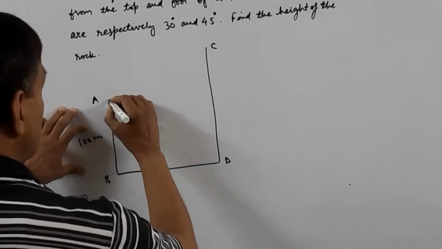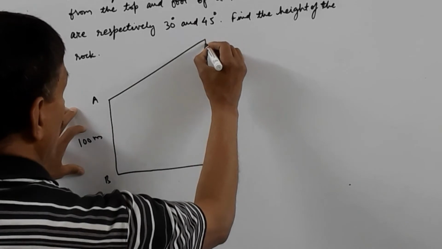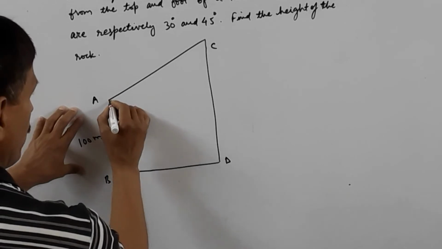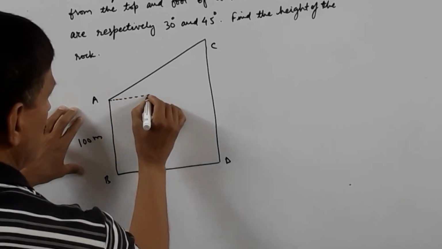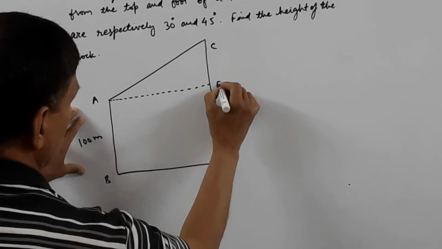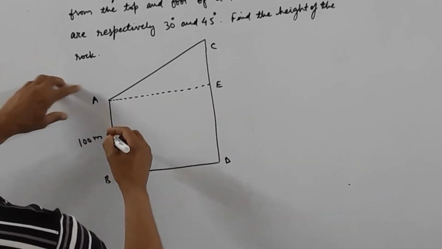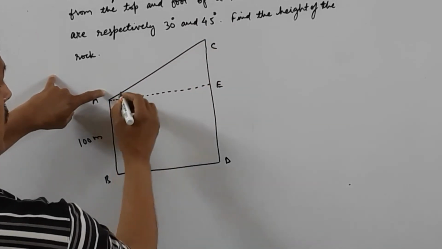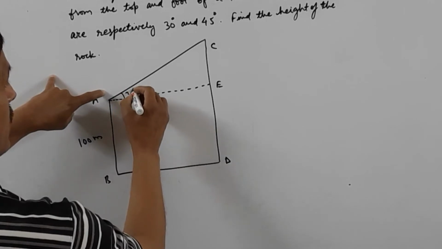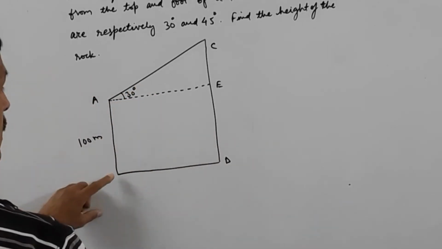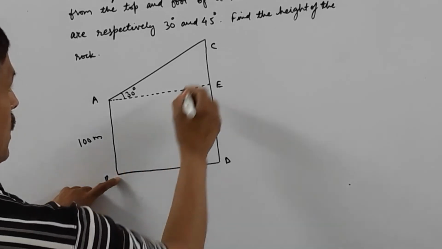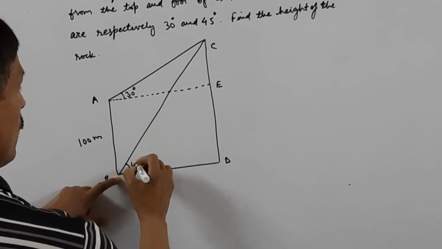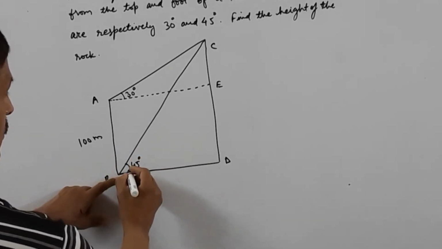So first, from the top of the tower, this is the point of observation. We draw a line parallel to the base. The elevation of the top of the rock from the top of the tower is 30 degree, and elevation from the foot of the tower is 45 degree.